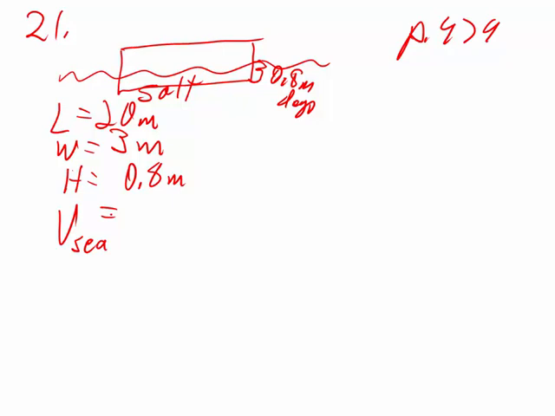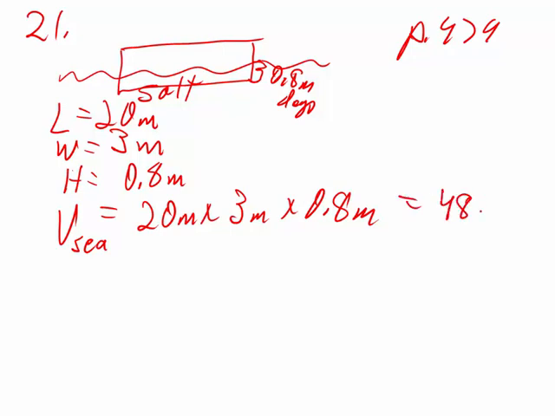It will be whatever the volume of the vessel is in the water. So we got 20 meters times 3 meters times 0.8 meters, and what does that come to? 3 times 20 is 60, and 60 times 0.8 gives us 48 meters cubed. So that's how much seawater is being displaced, right?